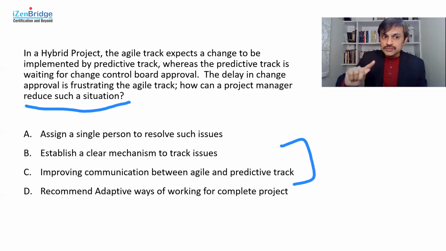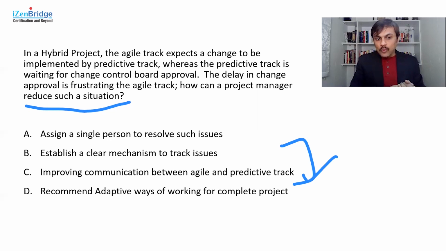Situations where we have delays and late information, which create wait time, can be improved if we have early identification of the issues and early processing of those issues. So I go with option C primarily because it is talking about reducing such situations. I believe it's a very close call between B and C.